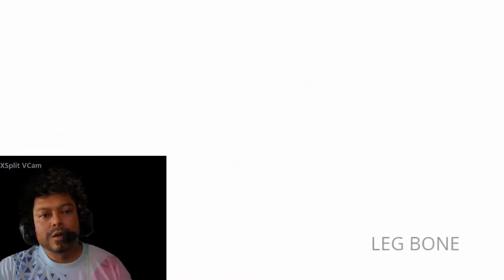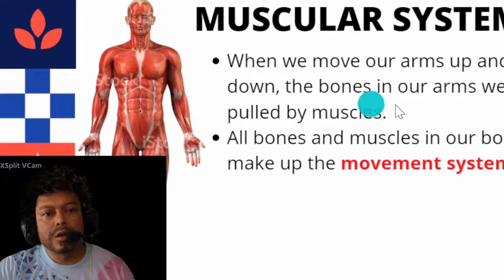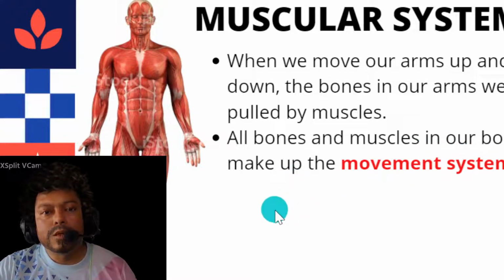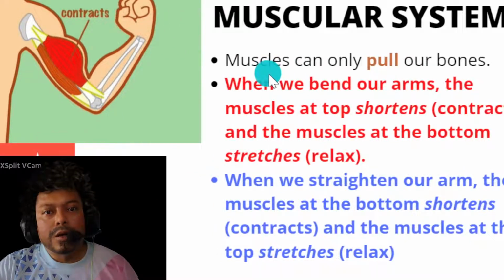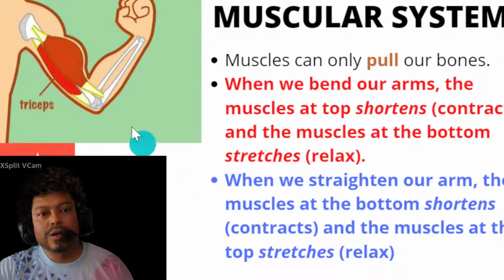Okay, the next would be the muscular system. When we move our arms up and down, the bones in our arms are pulled by muscles. All bones and muscles in our body make up the movement system. Like I said last week, muscles can only pull, they cannot push.